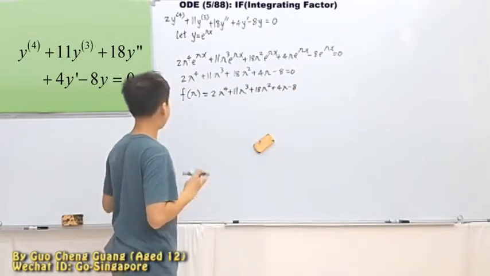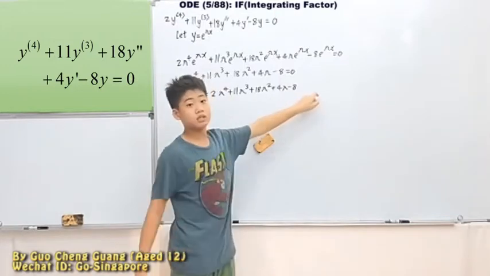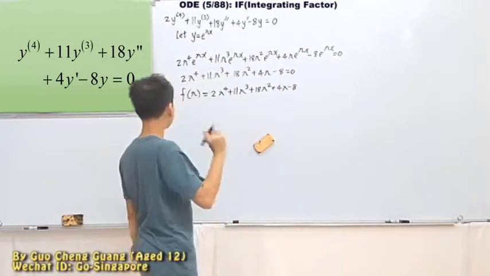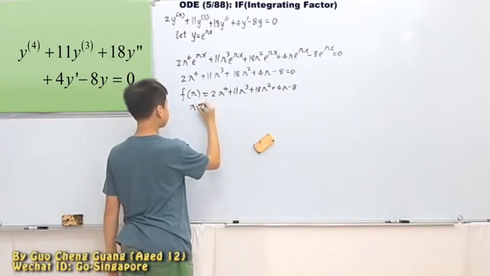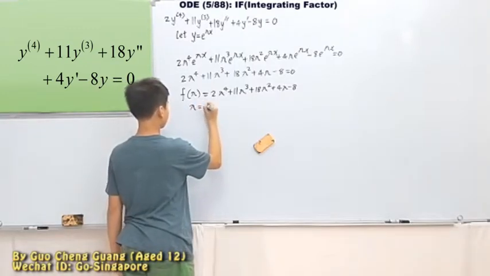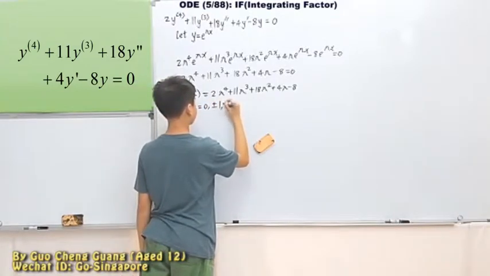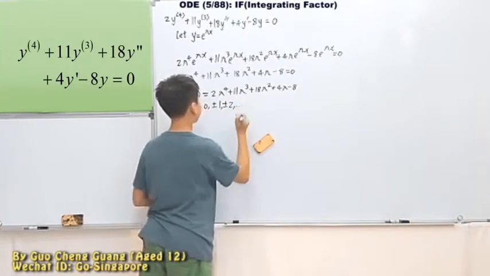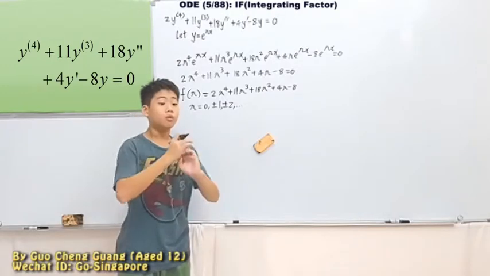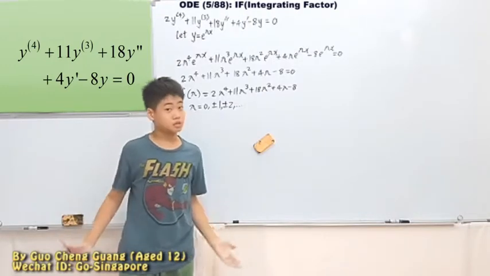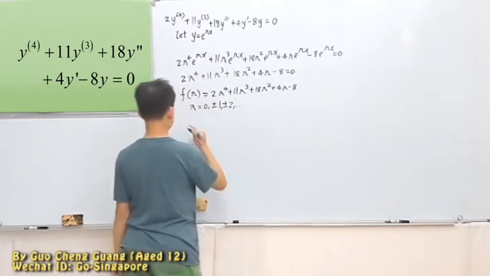So we'll need to find some lambda that can give us a 0 when we substitute it inside. But most possibly, lambda is 0, positive or negative 1, positive or negative 2, and so on. I'm just saying that this is most possible, but I'm not very sure whether there will be fractions, decimals, or something else. But most of the time it's like this.